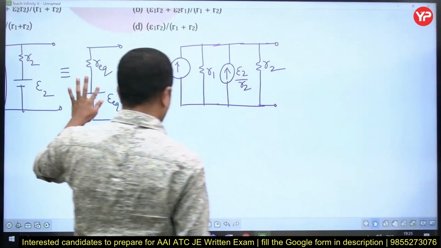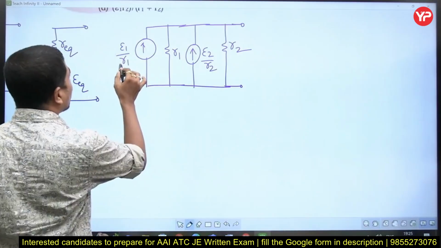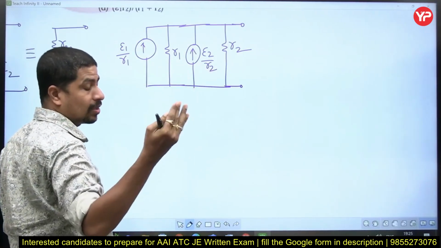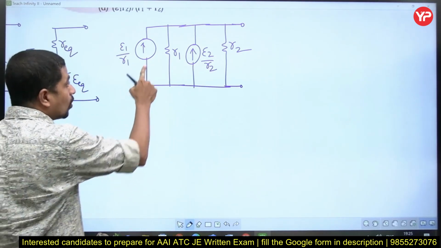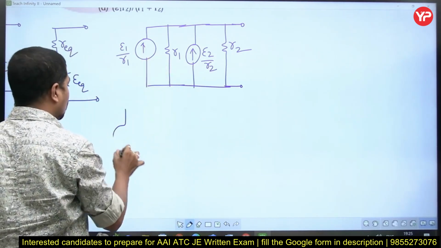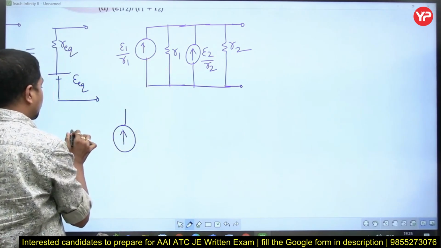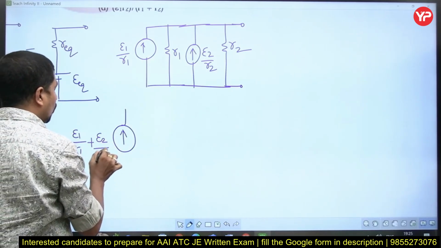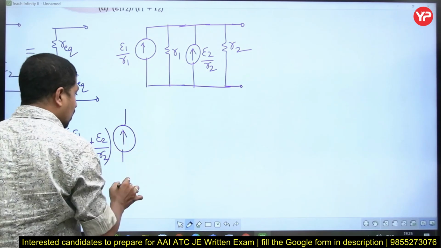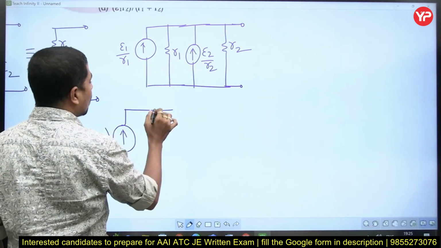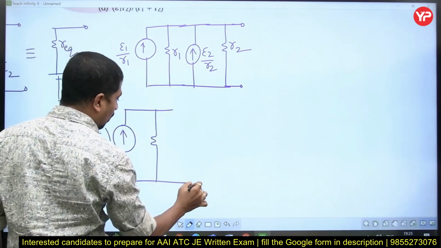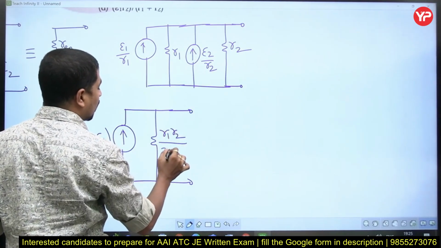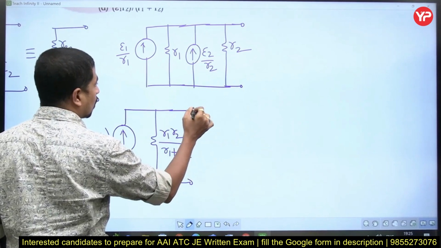Now epsilon 1 by R1 and epsilon 2 by R2, both are in parallel. If two current sources are in parallel, they will be directly added. Both arrows are up only. Therefore, the total current source is epsilon 1 by R1 plus epsilon 2 by R2, in parallel with R1 in parallel with R2, which becomes R1 R2 by R1 plus R2.